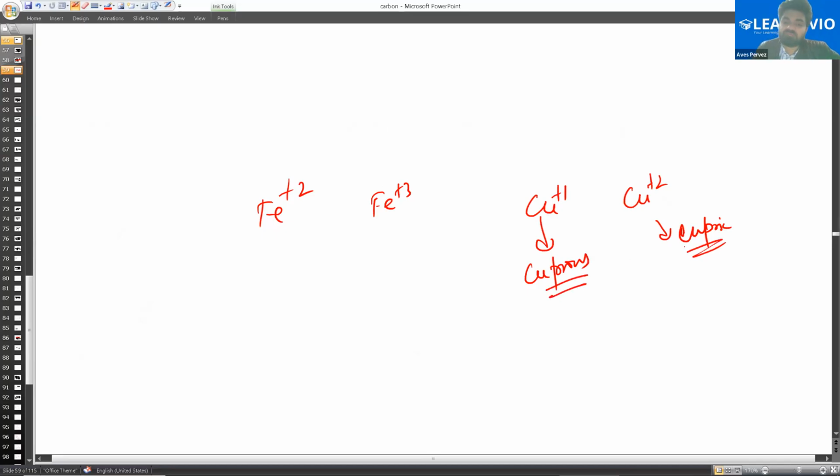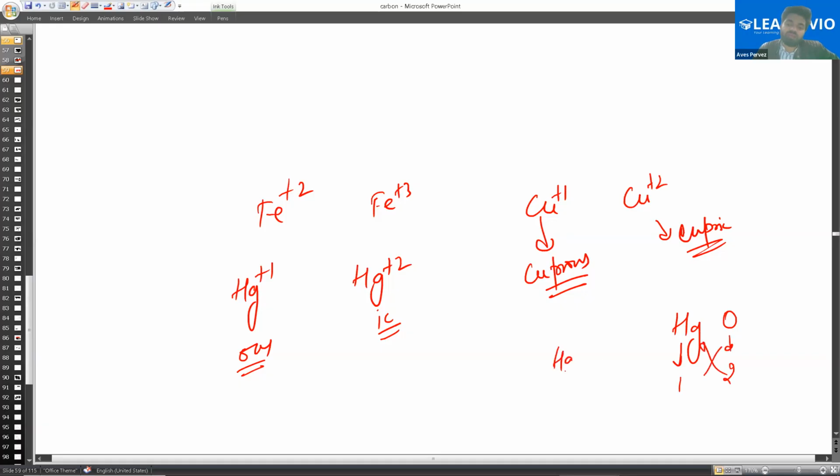Got it? Yes, sir. One thing you have to keep in mind is that mercury also has two valencies, +1 and +2. When it is mercurous, ous, then it is +1. When it is mercuric, then it will be 2. So when it is mercurous oxide, Hg will be taken as 1 and O will be taken as 2. It will be Hg2O.